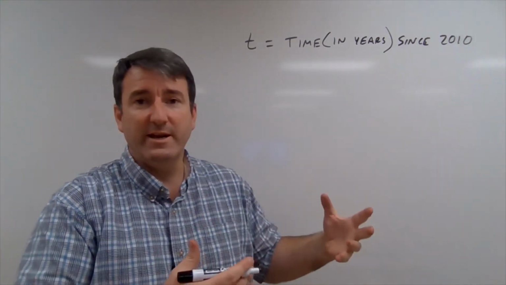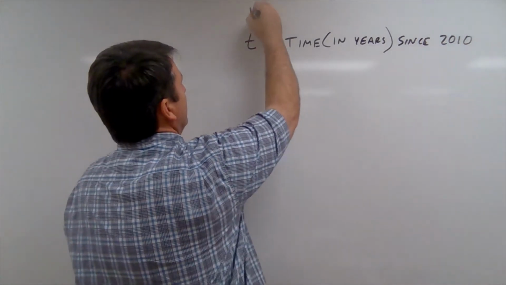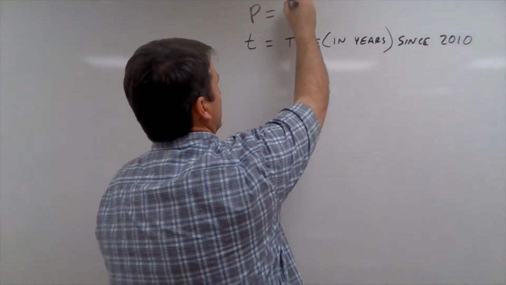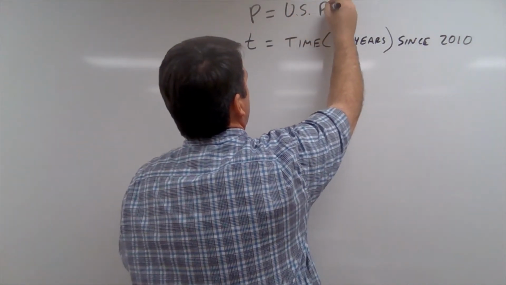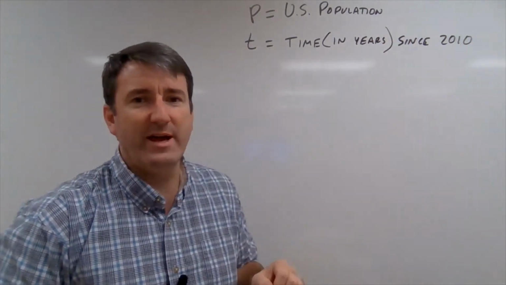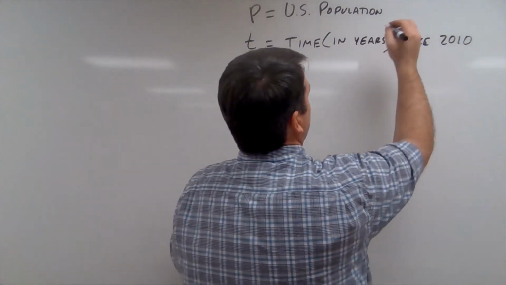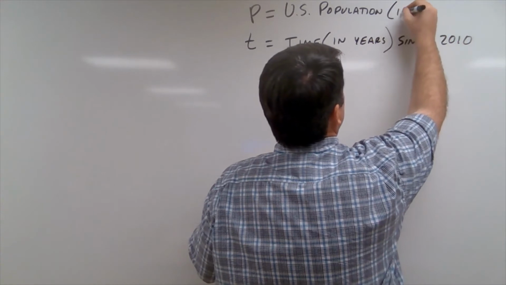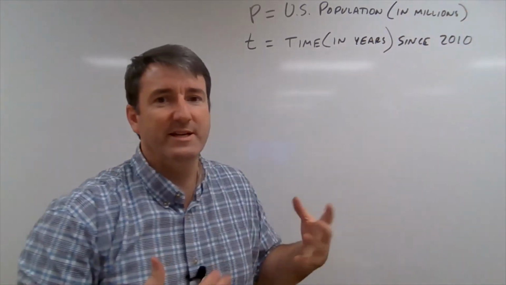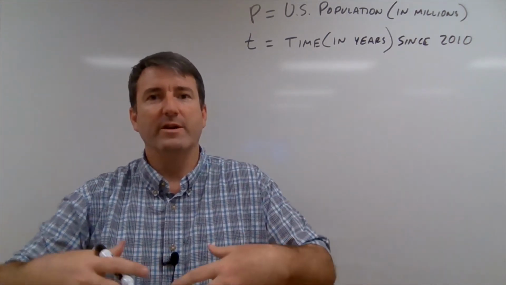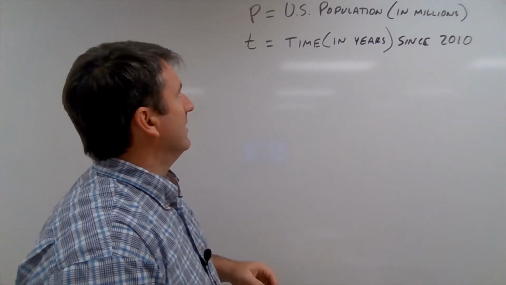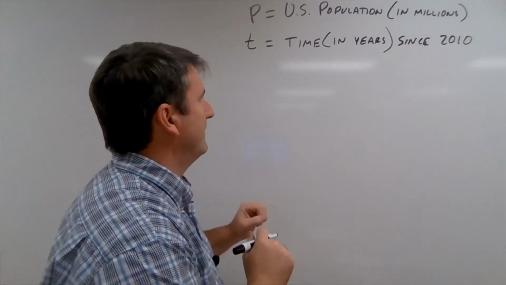All right, so now we need another variable. Let's call it p. This is going to be our dependent variable, and that's going to be the U.S. population. And let's go ahead and make this easier on ourselves, and we're going to say that this is in millions. So we don't have to continue to write out that this is 309 million. We can just put 309 in our function.